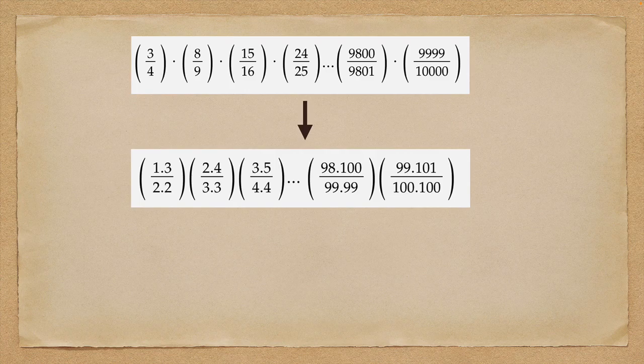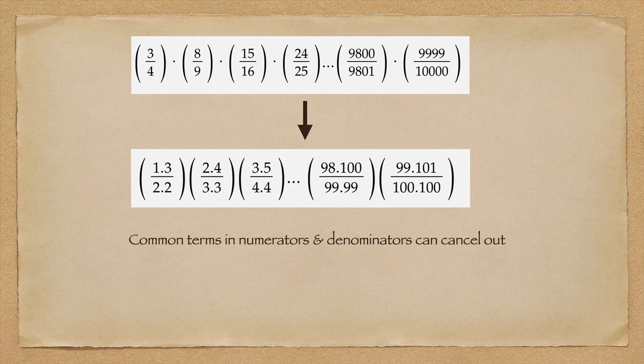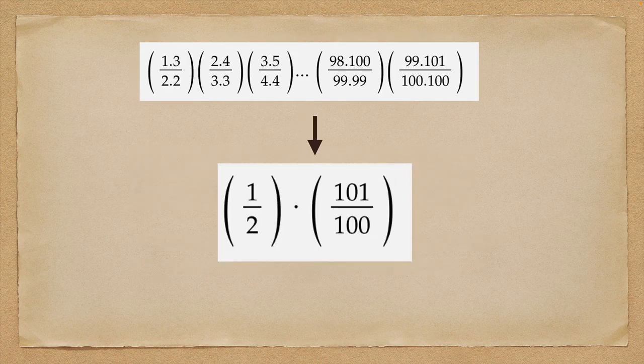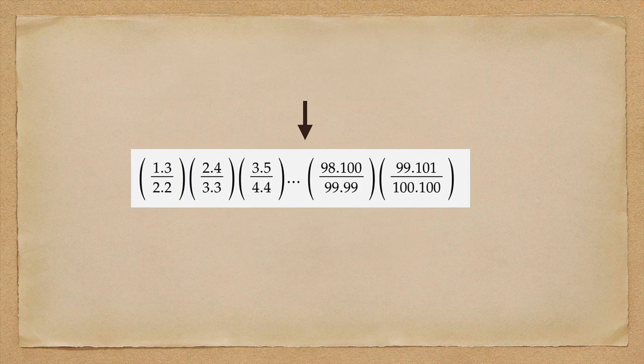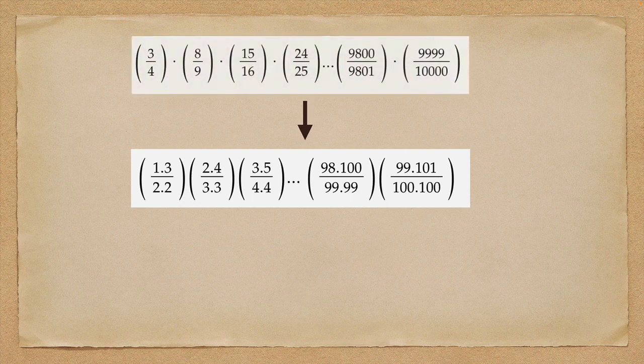But in all series, you have to remember that the boundary conditions matter. The boundaries are always different from the ones in between. So the common terms in numerators and denominators do cancel out, but always look for the boundary condition, the first and the last term. You will realize that there are two twos in the denominator for the first term, and there are two hundreds in the last term. Only one of those is going to get cancelled, right?